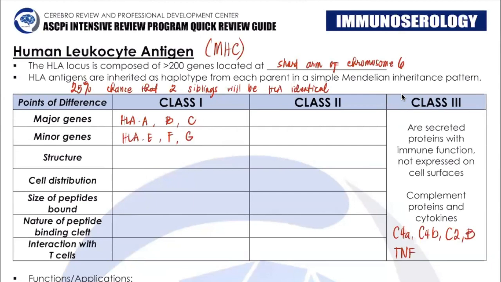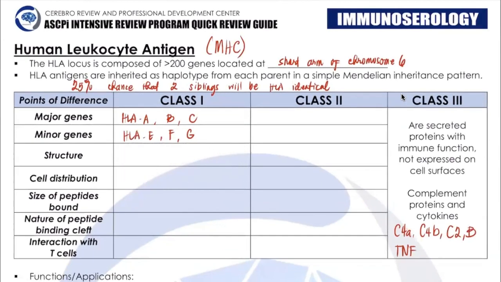Now, for the structure naman of our class 1, take note that it is a heterotetramer, kasi apat yung component ng structure. So meron siyang 3 alpha chains plus a beta 2 microglobulin.